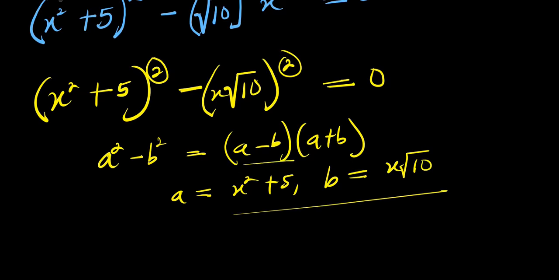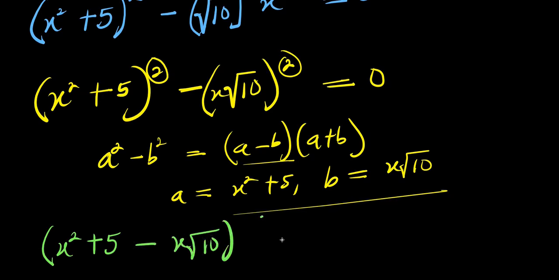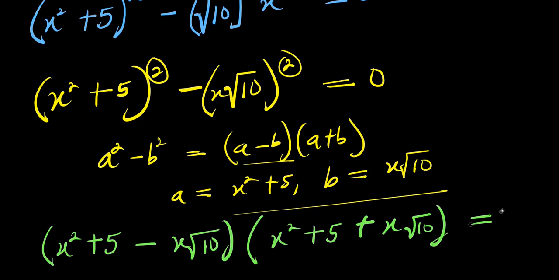A minus b will simply be x squared plus 5, that is my a, minus x times root 10, that is my b, times a plus b, which is x squared plus 5 plus x times root 10. This equals 0.